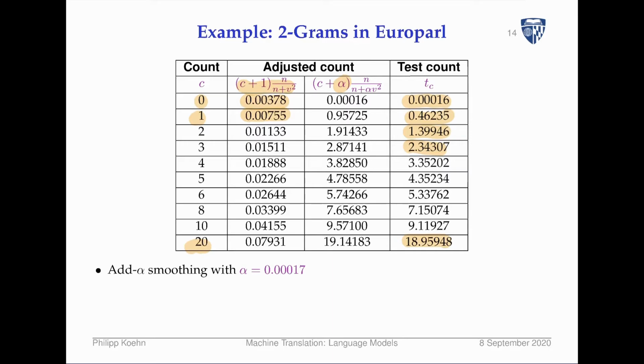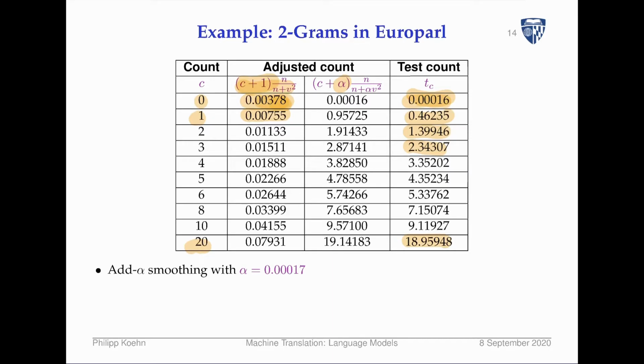So the first idea was to add one. That's the add one smoothing, and you can see that it massively overestimates the probability for bigrams that occur never in the first corpus. 0.00378 doesn't look as big, but this is what you compare it with. And in practice, you waste almost all your probability mass on that.